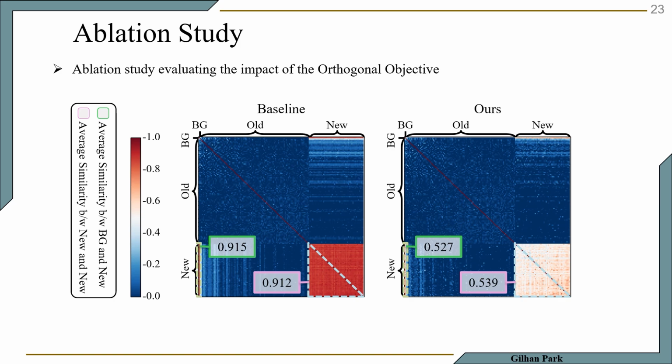The baselines show high similarities of 91% between background and new classes and 91% between new classes, leading to background confusion. On the right, our method reduced these similarities significantly. This clear separation shows how the orthogonal objective helped to isolate new classes from the background.